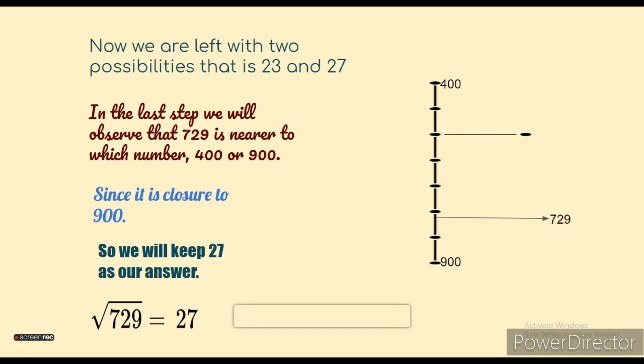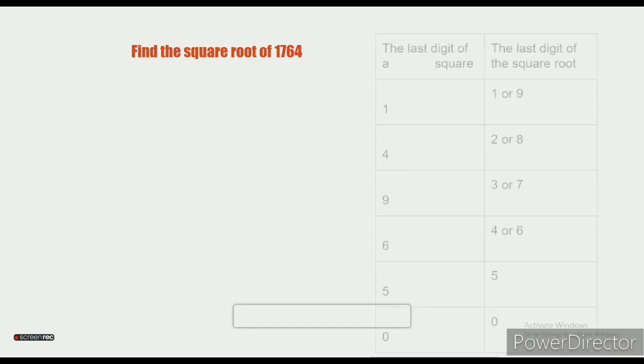Do not worry if you do not understand in one example. We will solve some more examples for better understanding. Let us take one more example. This time we have to find out the square root of 1764.